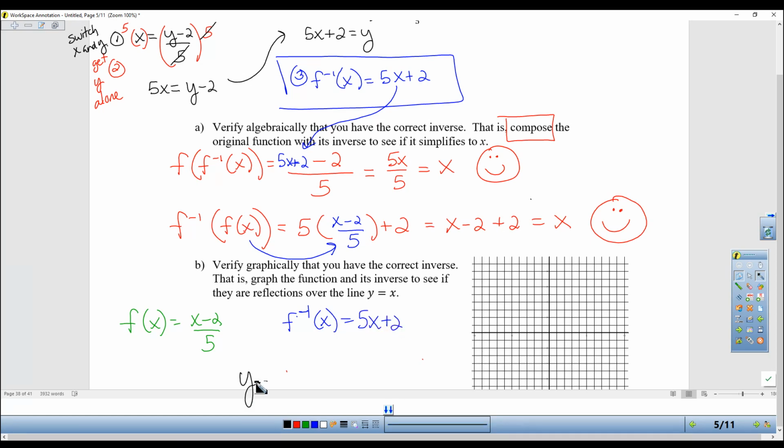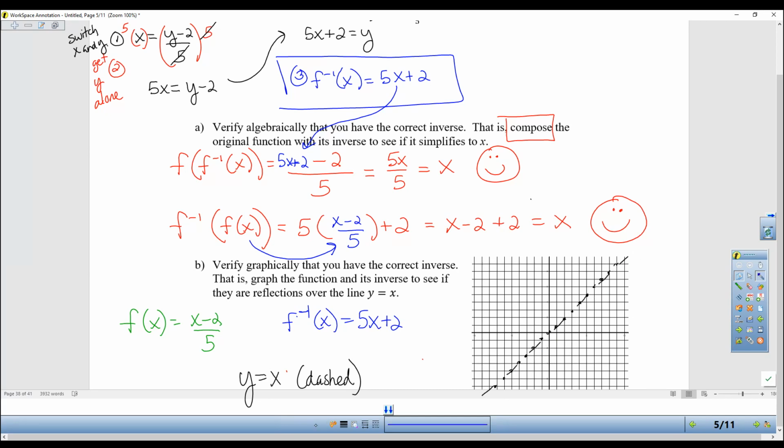And you should graph the line y is equal to x as a dashed line. Or you could just make your dots and then you don't have to actually dash it. If your answer doesn't reflect over this, then you've done it wrong.